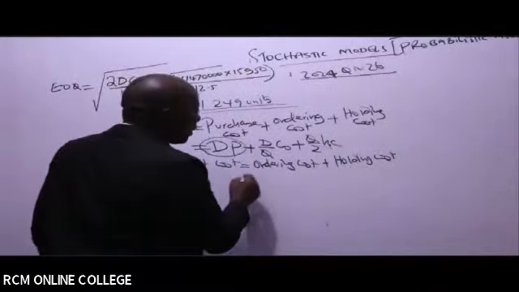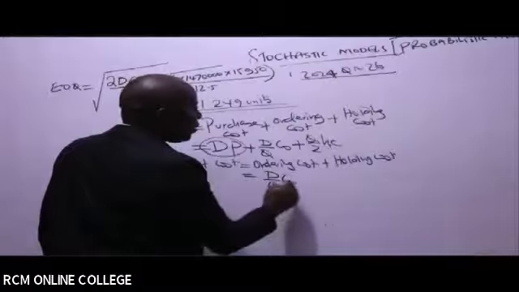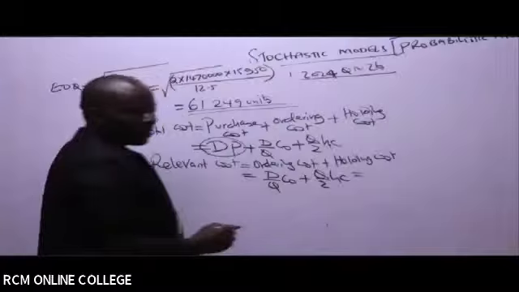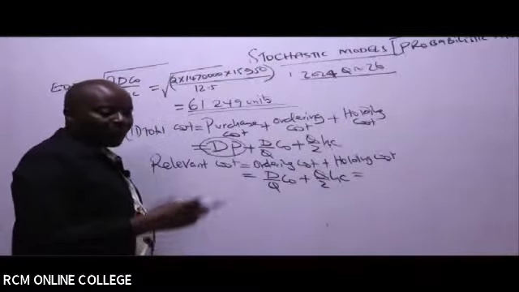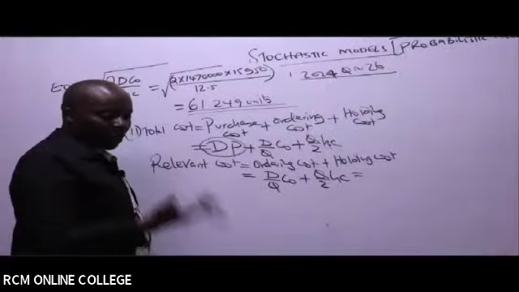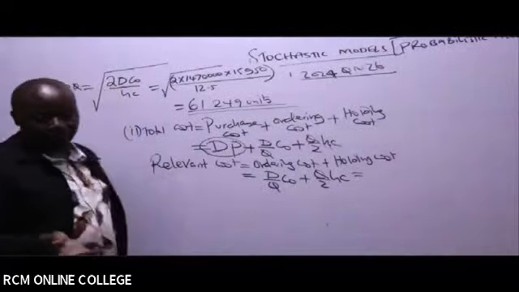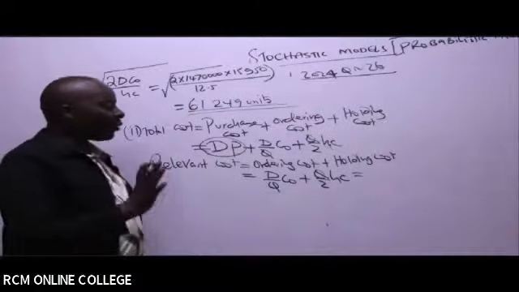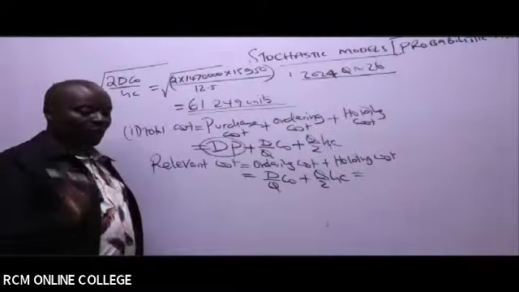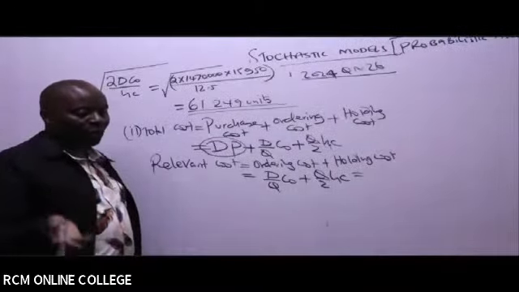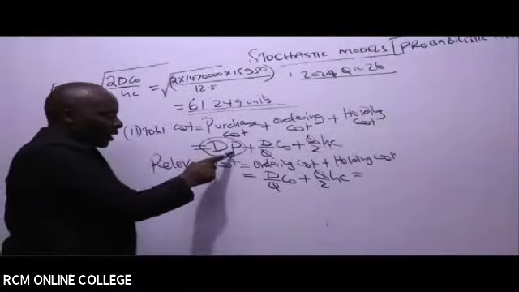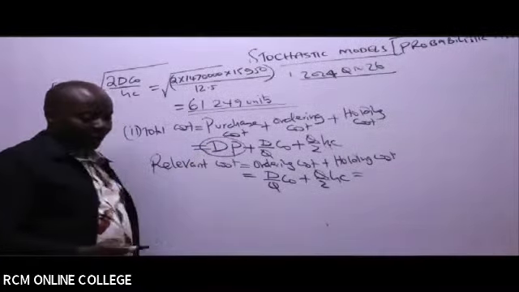So ordering will be D over Q times CO plus Q over 2 times HC. All right. So can you kindly, ladies and gentlemen, plug in the numbers, and we see whether you'll be able to get the correct relevant cost. I reiterate, ladies and gentlemen, that relevant costs are only two: ordering and holding cost, in a situation where the price will not be fluctuating.